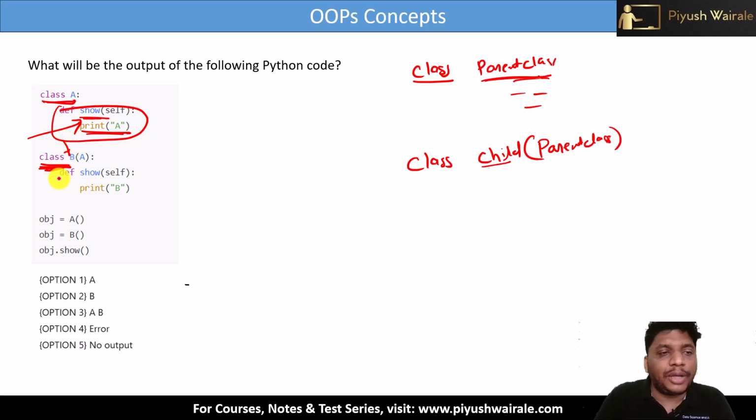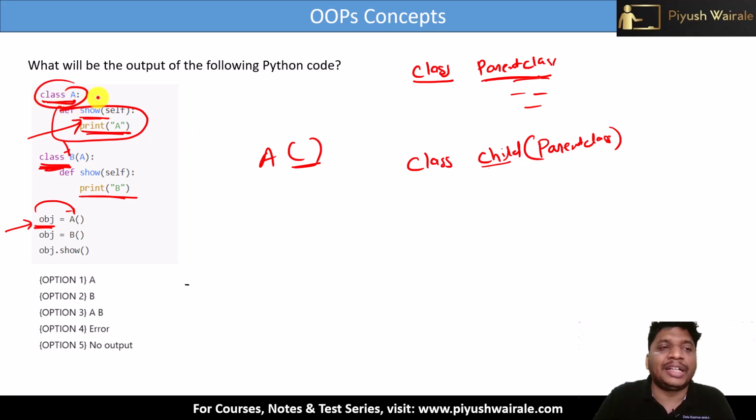Okay. And now in class B, we have the same function here, and we are going to print B. Okay, let's see what we are doing now. Object equals A. Simple, we have created one particular object which belongs to class A. If you observe, A is empty here. We have not passed any parameters because this is not going to take any parameters.